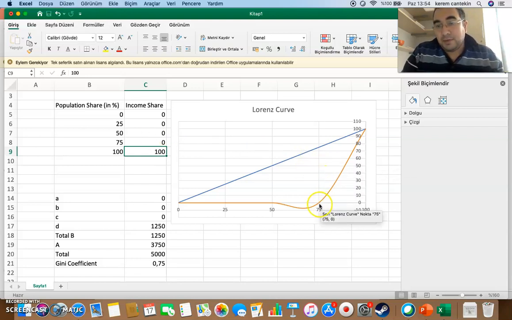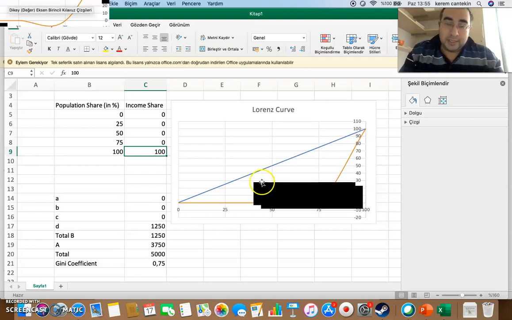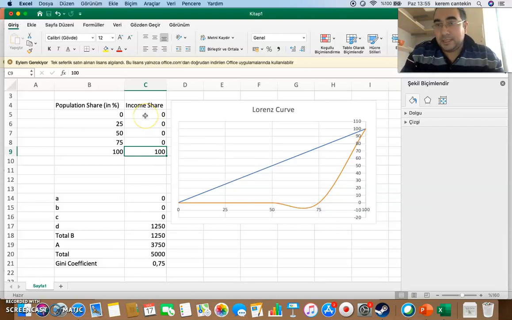In this case it's not 1 because I assume that in the top 25%, the distribution is equal. The very extreme case is, however, when only 1% in the society has everything. In that case, the Gini coefficient will become completely 1.